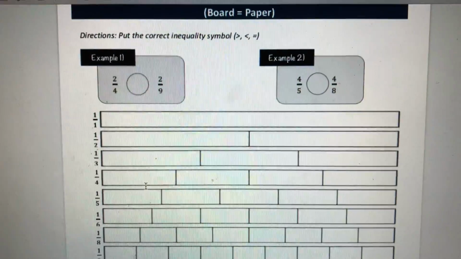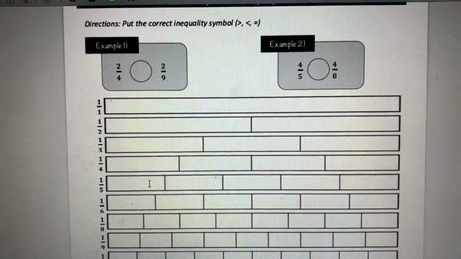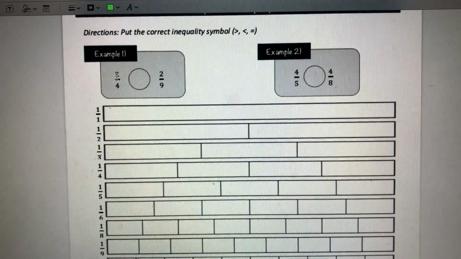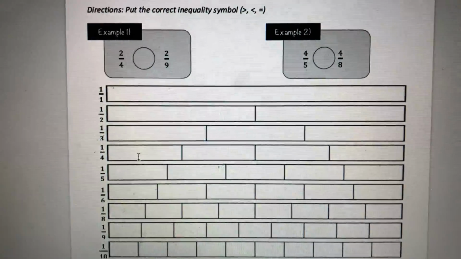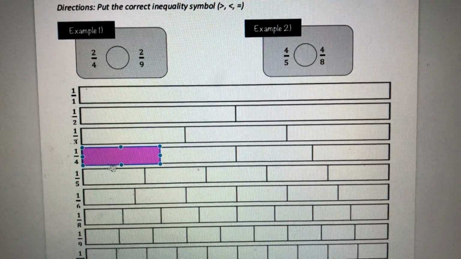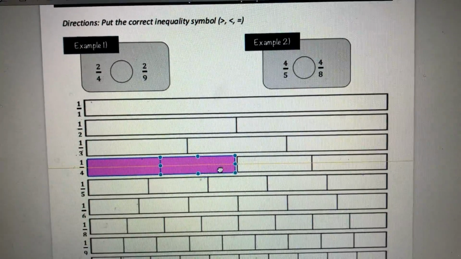When we compare fractions with the same numerator, it gets a little bit different. We're going to look at our screen here to compare 2/4 and 2/9. We see that they have the same numerator, 2. So if I were to look at the numerators here, 1/4 is filled in now. I'll fill in 2/4.